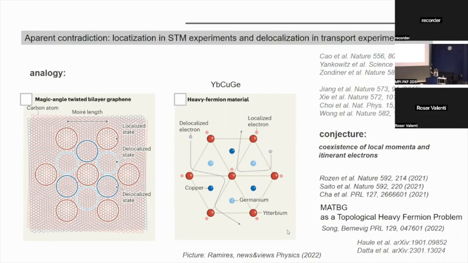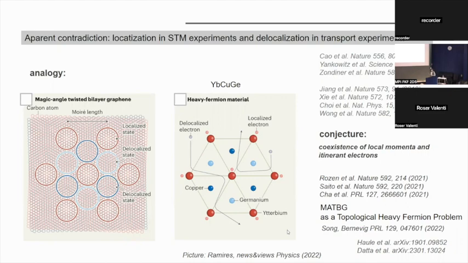This was the proposal that you may have here the physics of heavy fermions, where in magic angle twisted bilayer graphene, for instance, as shown in this schematic picture, in these AA centers of the triangular lattice, you have well-localized states, which are hybridized with delocalized states, in analogy to what you have in a heavy fermion system.